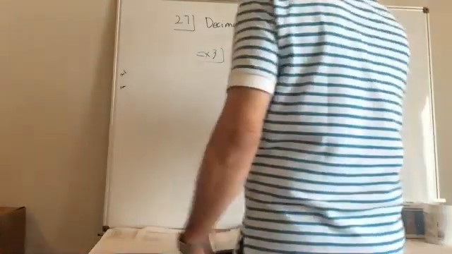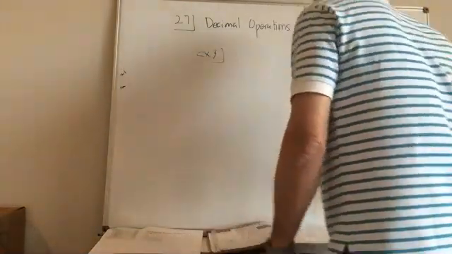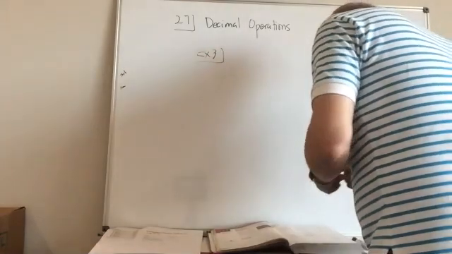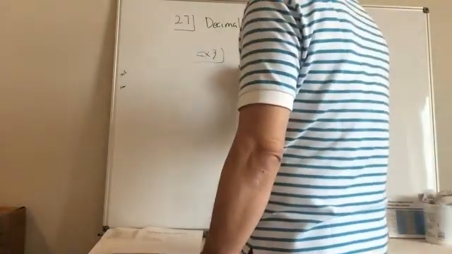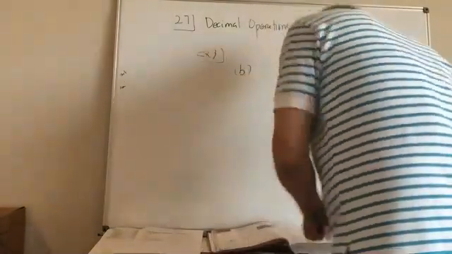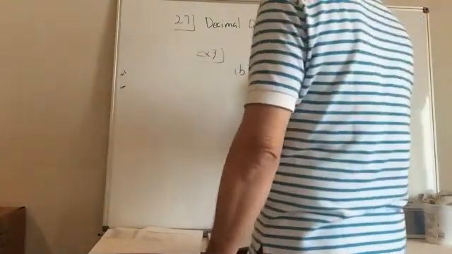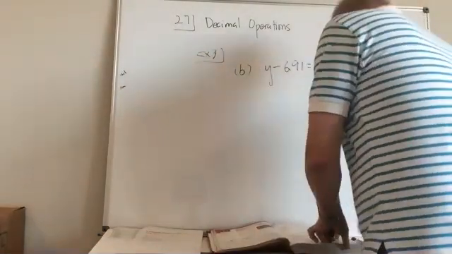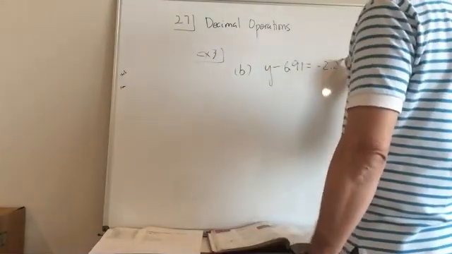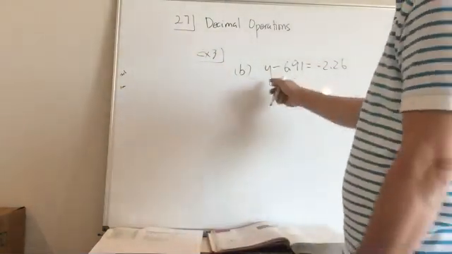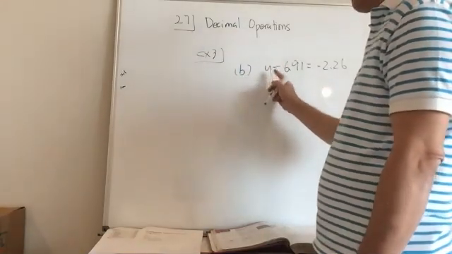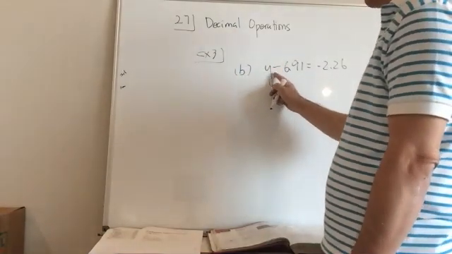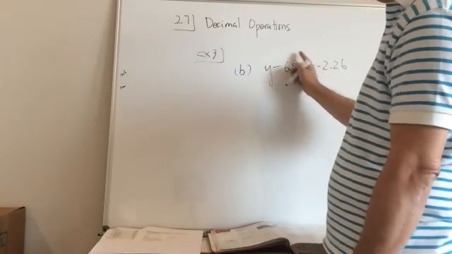Let's go on to B. We're going to have y minus 6.91 is equal to negative 2.26. Again, I want y all by itself on one side, which means I need to get rid of this.